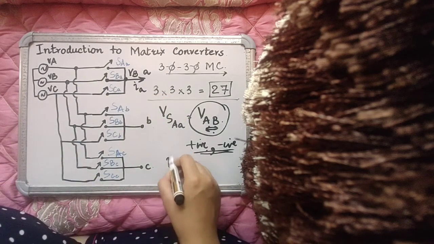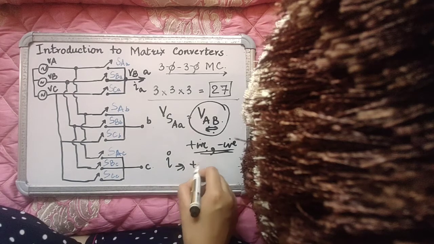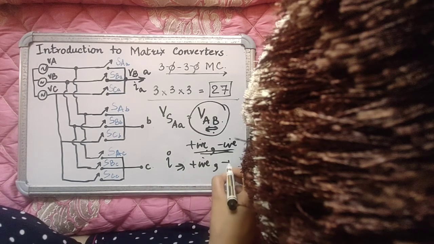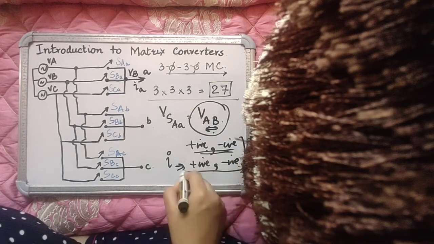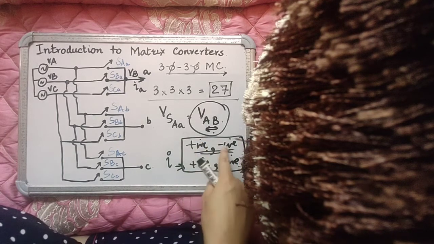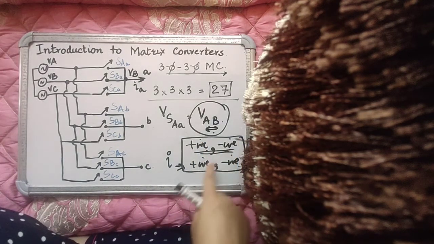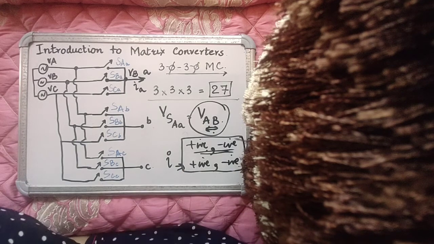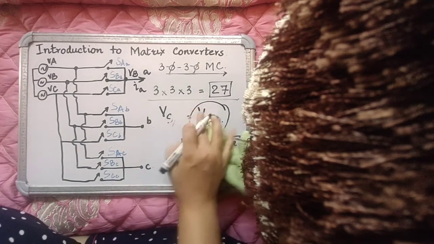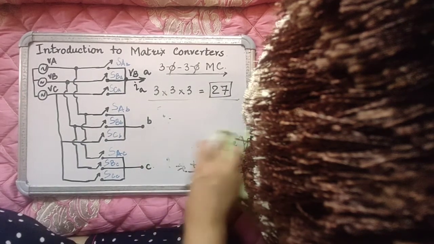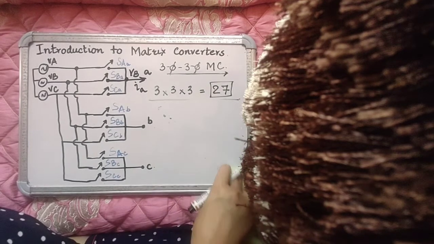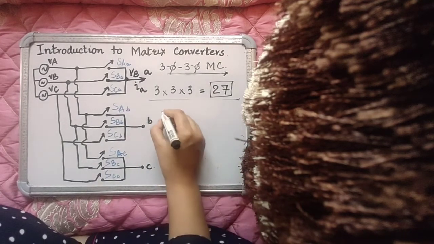So the currents to be carried by the devices are also positive as well as negative. Therefore, you need a device that has bidirectional voltage blocking capability and bidirectional current carrying capability. This brings us to constructing the bidirectional cell of each device.